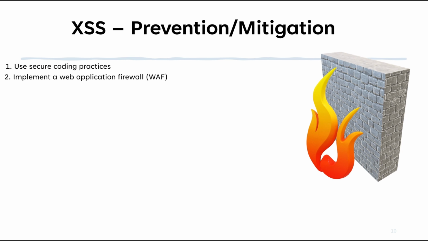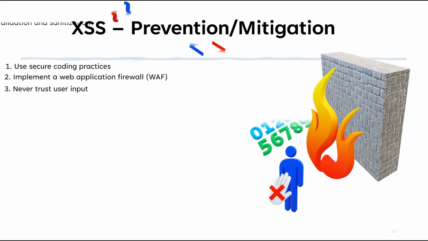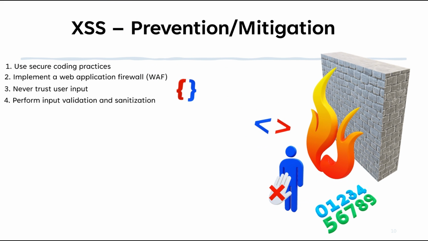In this case, for cross-site scripting, most will rely on signature-based filtering to identify and block malicious requests. We have never trust user input, so always perform input validation and sanitization, validating the input to make sure that it only contains an expected set of characters.